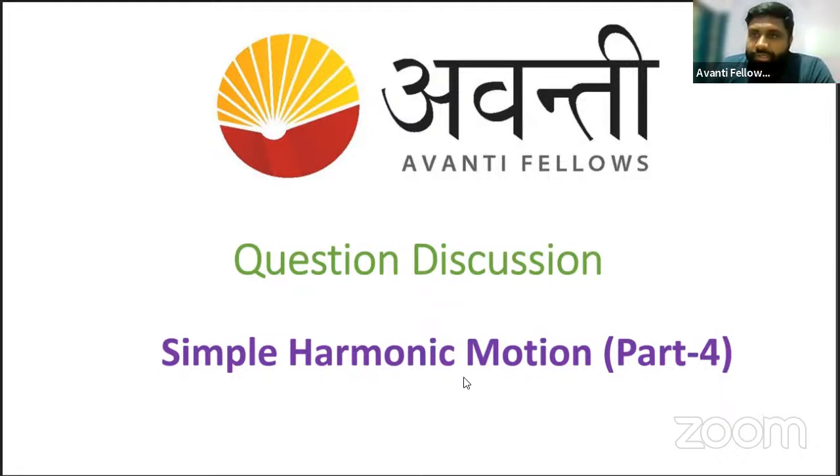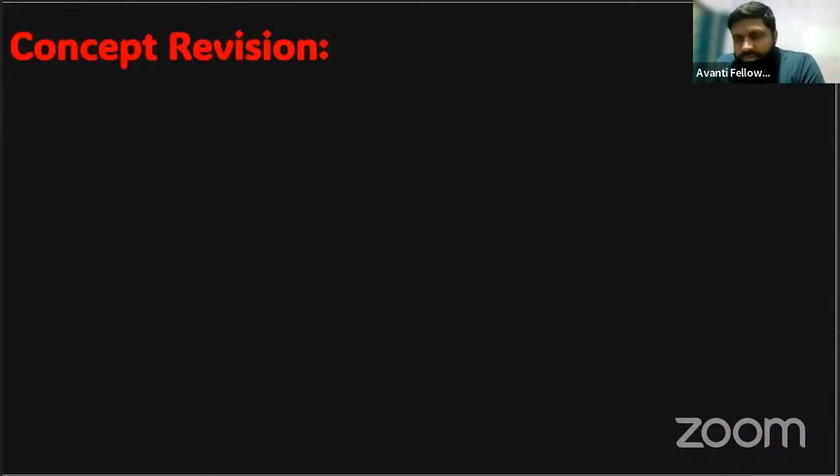We will move according to the trend that we are moving on from the previous classes. Firstly, we will discuss some of the concepts and then we will move further with the numerical part. Concept revision: I think I have covered all the concepts related to SHM completely.